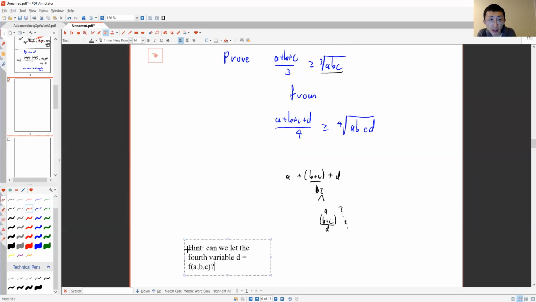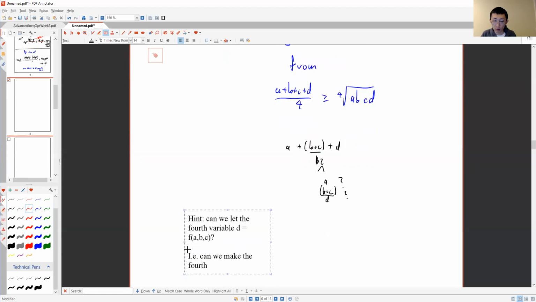And can I make it as symmetric as possible? I.e., can we make the fourth variable an expression of the first three and try to keep some of the symmetry?